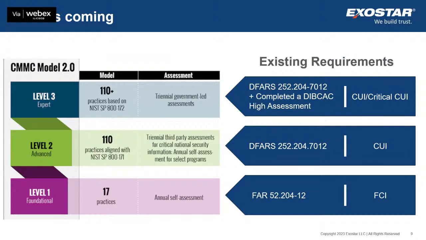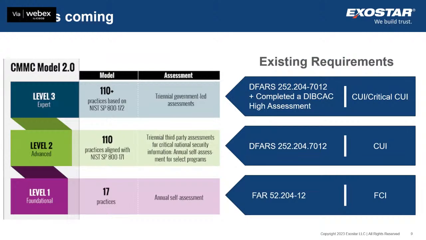So if you're wondering about CMMC, CMMC is also an implementation of the NIST 800-171 standard. What it says is if you receive federal contracts, you need to assure that you have some requirements in place for the protection of controlled unclassified information.